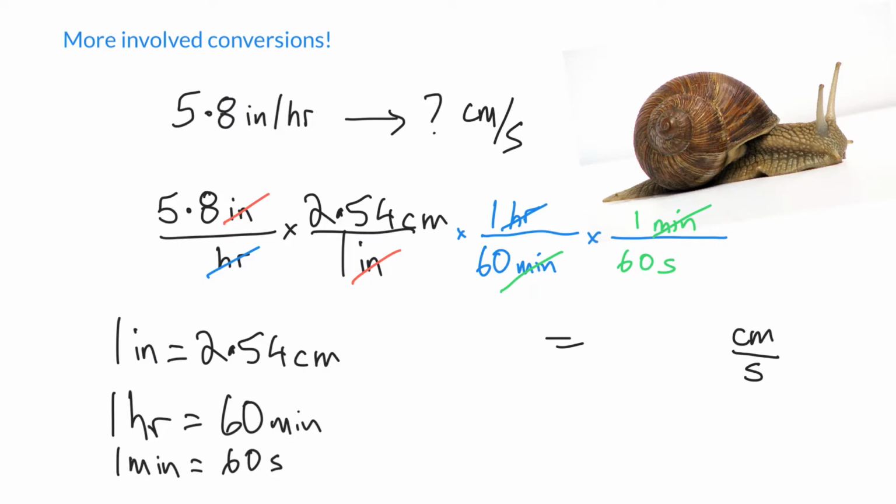And then I just need my calculator. So I'm going to reach for my calculator, sorry for that, and type this stuff in. There are a couple of ways to do it. I'm going to type 5.8, multiply by 2.54, and punch equals, and then I'm going to divide all of that by 60 times 60.